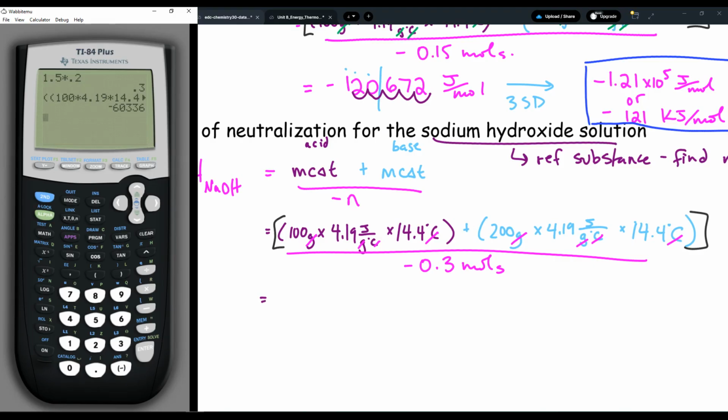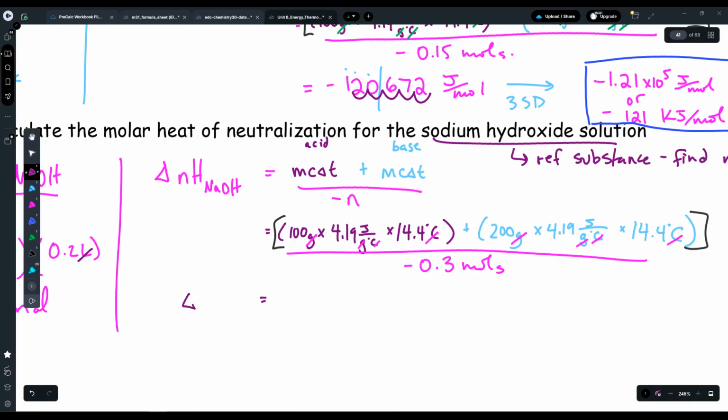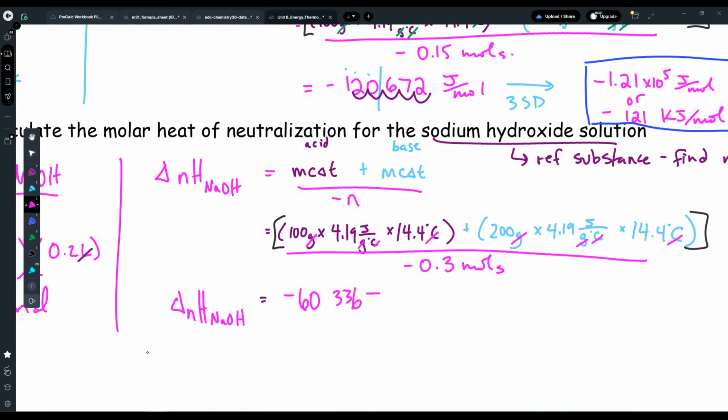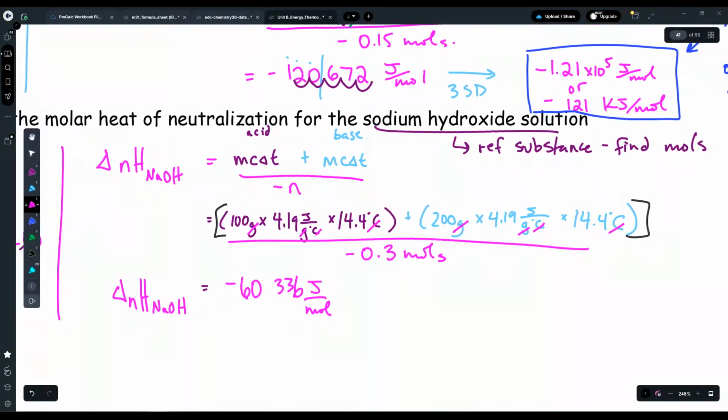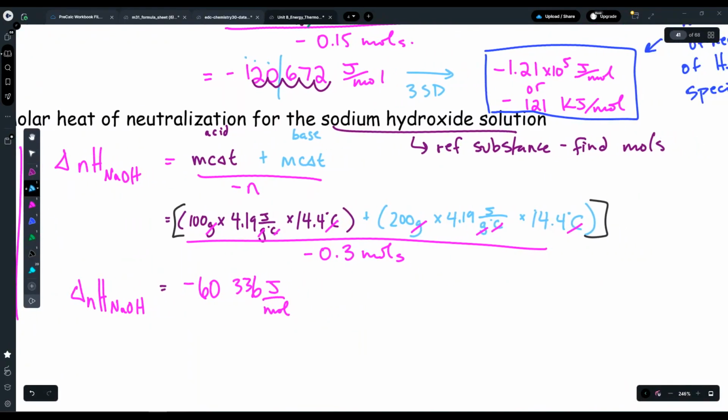Alright, so now our answer is negative 60,336 joules per mole. Okay, and again, we're still doing this in 3 sig digs.